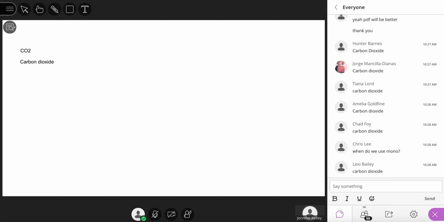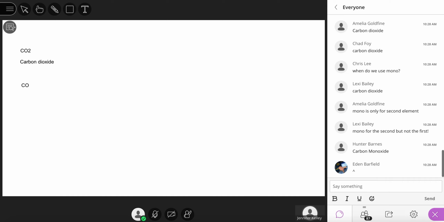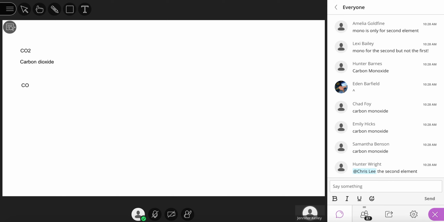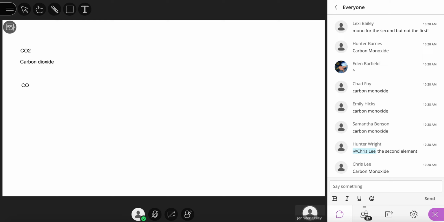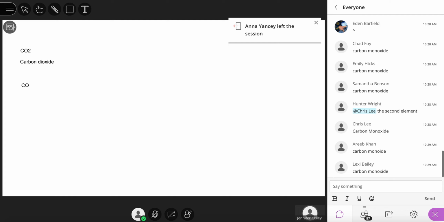All right, so let's do CO. Correct. It's for the second one, but not the first. Correct. Hunter's got it. Yep. So this one, again, we're looking for all nonmetals, and that's what we've got. And then we see that there's one carbon. You'd think it'd be monocarbon, but since it's the first one, we just write carbon.